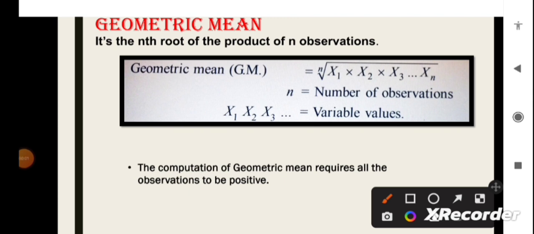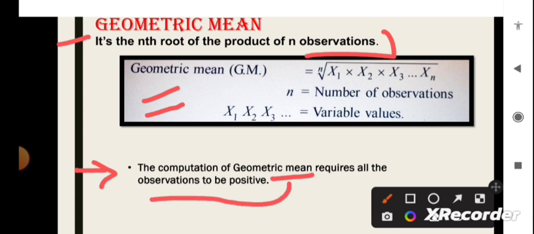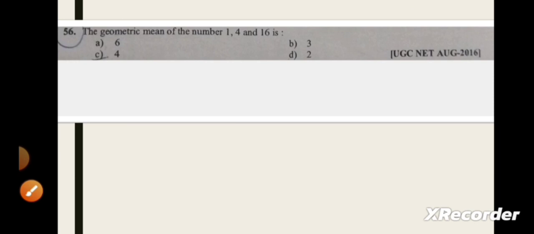Next one is geometric mean, which is the nth root of the product of n observations and is given by this formula. One important point to note about geometric mean is that for the calculation of geometric mean, we require all the observations to be positive. Now let's solve this question to know it more.